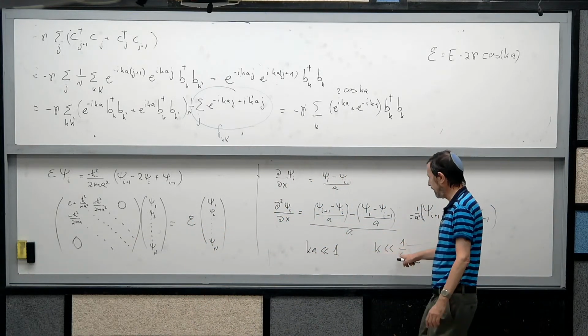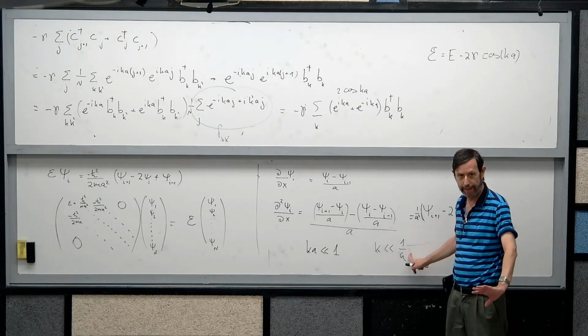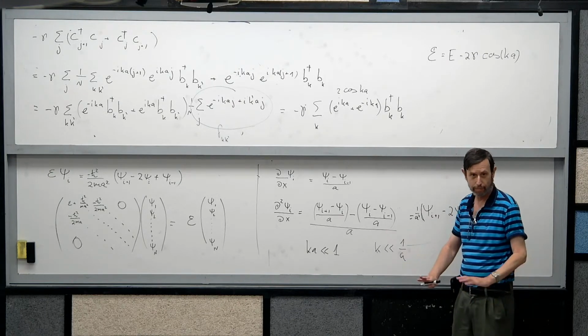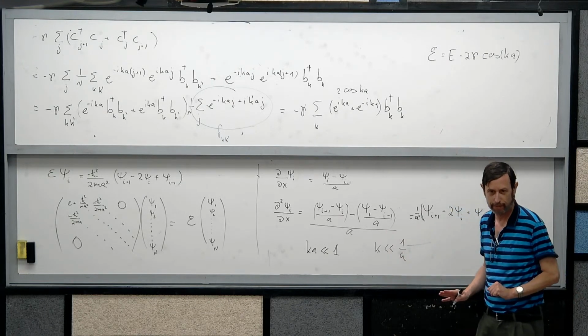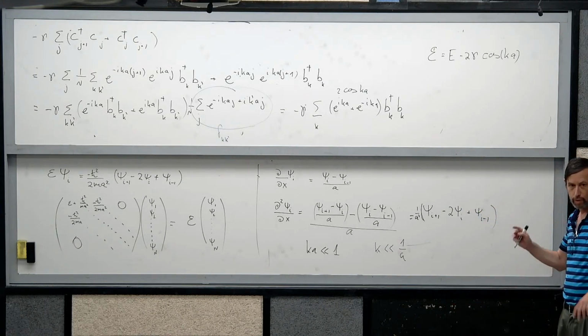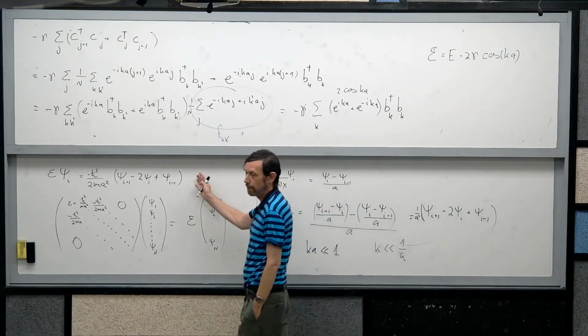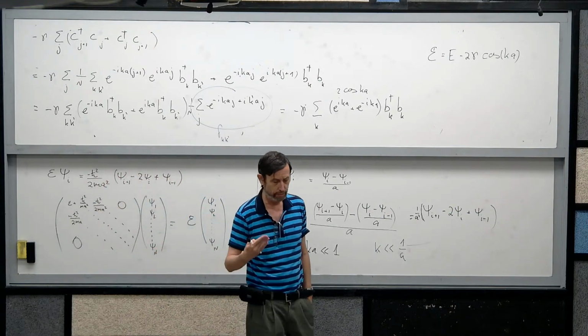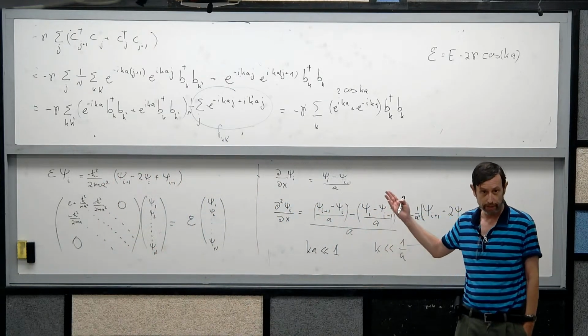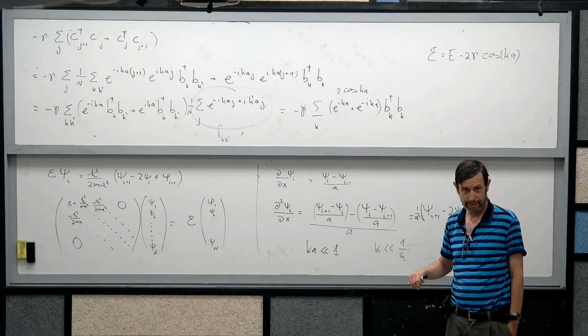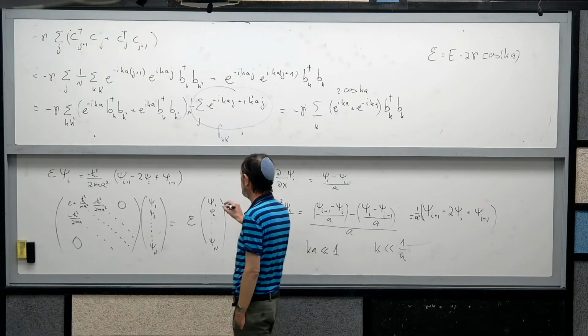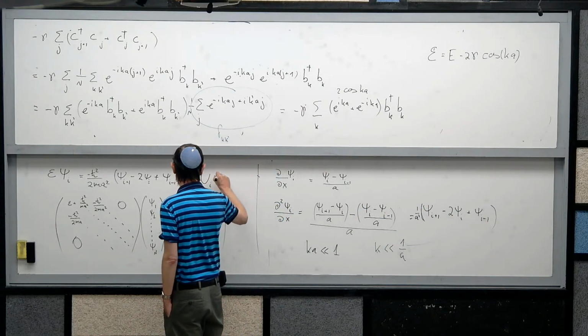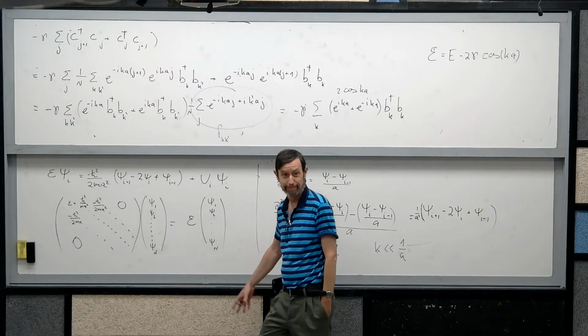But as long as k is much smaller than 1 over a, or the inverse of it is much larger than a, you got a completely good description of the system. So although tight binding seems very far from a numerical solution of the wave functions of a free particle, it comes back. What do you do if you have some potential? Write in a potential.